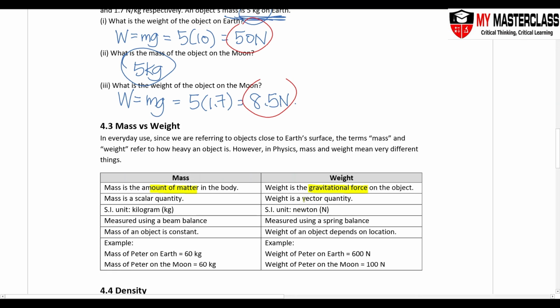All forces are vectors. We will learn about vectors and scalars in another video. Remember the SI unit to be kg versus newton. And most importantly, the mass of an object is always constant, whereas the weight of an object depends on location. It depends on what planet it is and depends on the G of the planet.